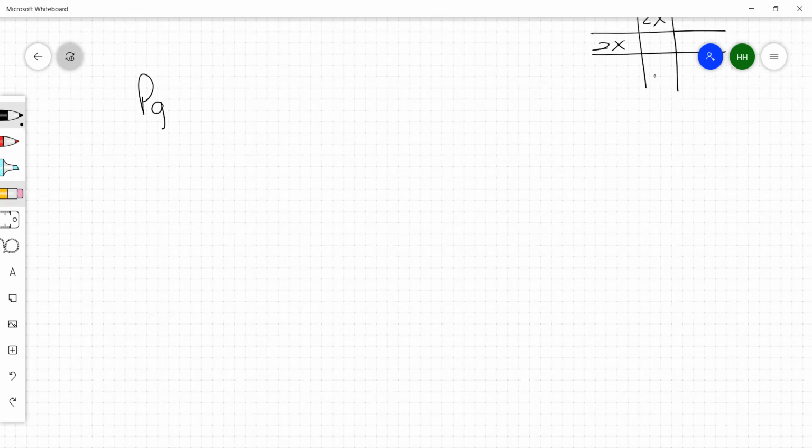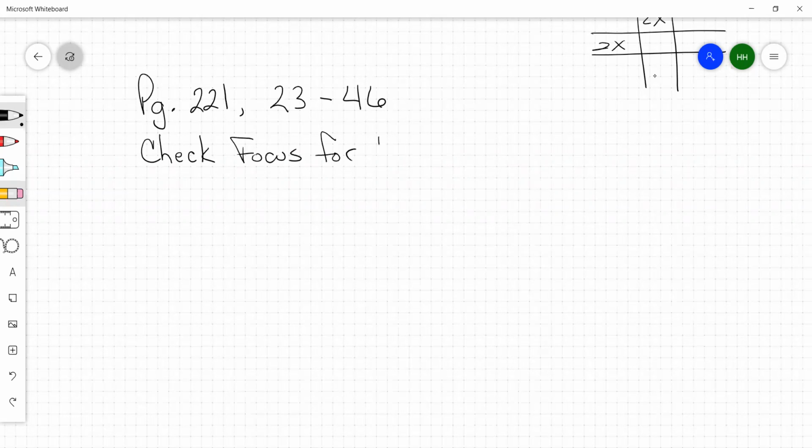On page 221, today you're doing problems 23 through 46. And be sure that you check Focus for homework.